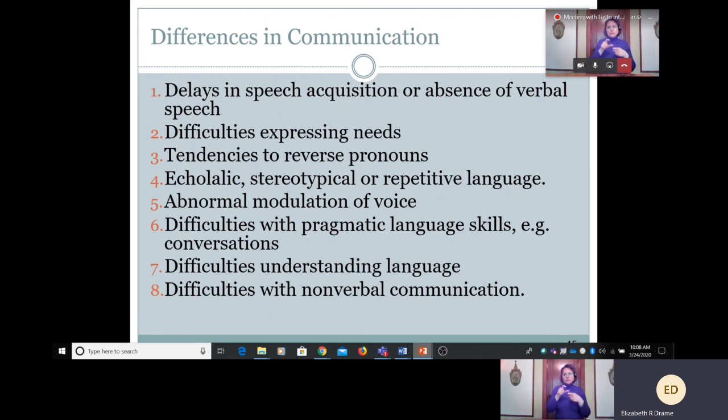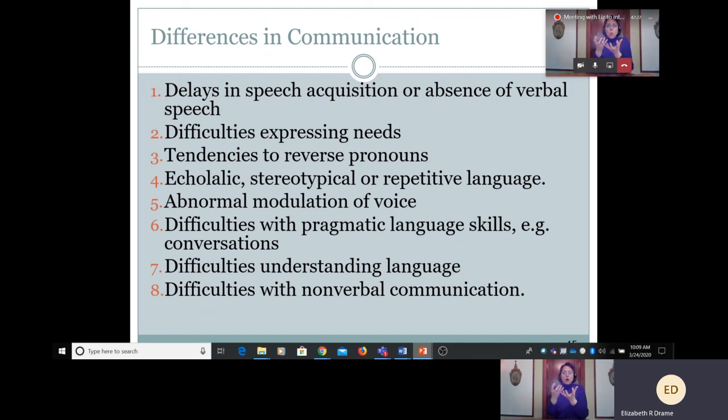So in terms of identifying different characteristics, there are differences in communication. Individuals with autism may develop language, may understand language, may be able to speak and produce expressive language, but they may have difficulty with the acquisition of language. They might have difficulty using language to express their needs, their wants, their desires.